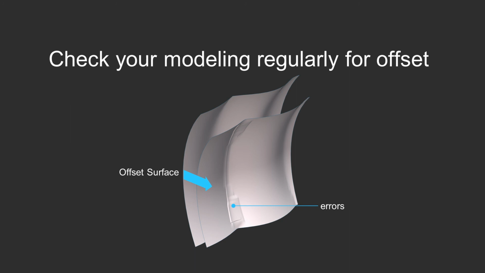While you're creating advanced shapes like boundaries and sweeps especially, you need to have a confidence that they're going to shell. And so a quick way to do that regularly as you're modeling features is to do a quick offset of it by the known shell dimension that you're going to be using.